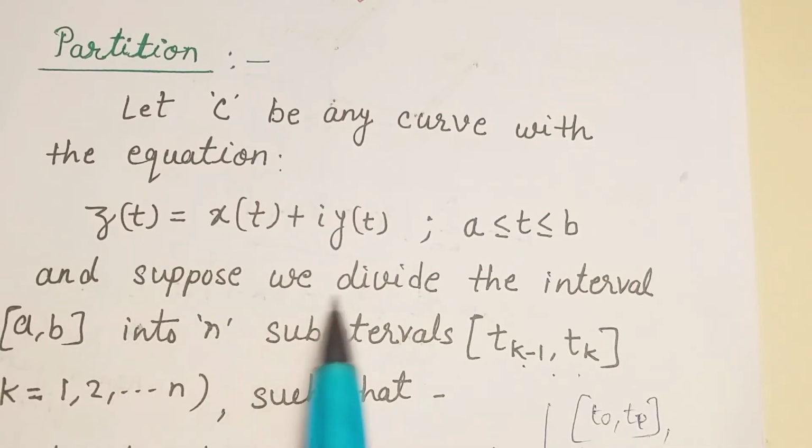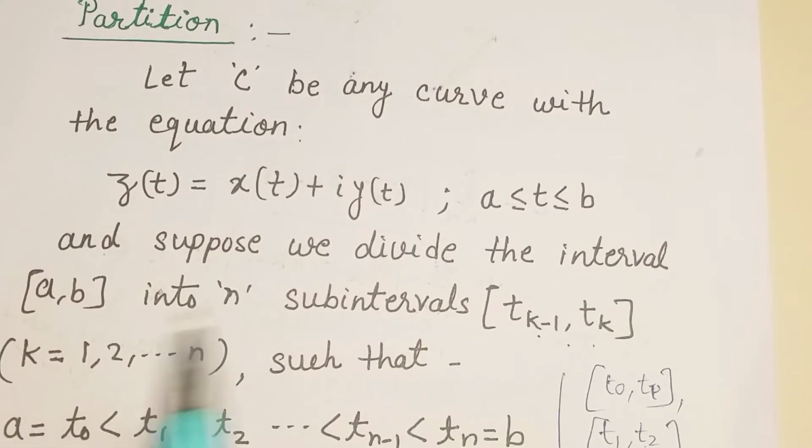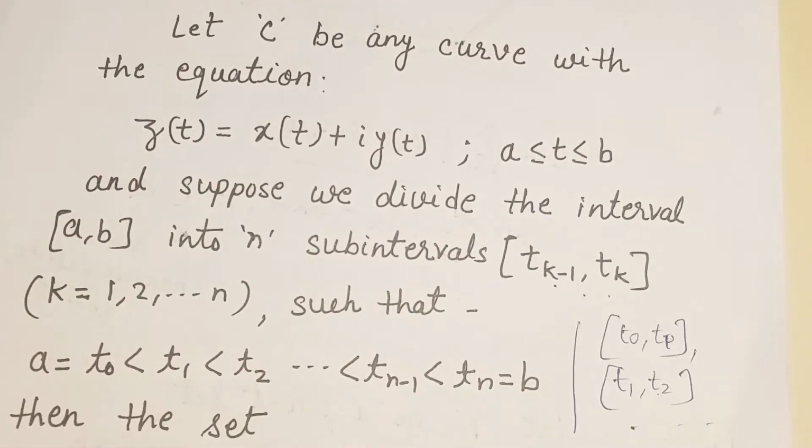And suppose we divide the interval [a, b] into n subintervals [t_{k-1}, t_k], where k varies from 1 to n, such that a = t0 < t1 < t2 < ... < tn = b.